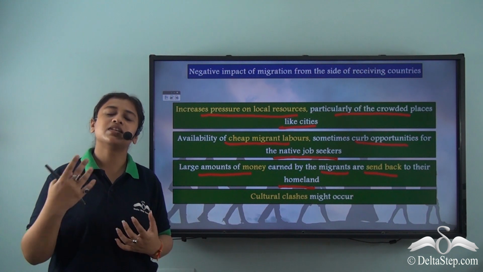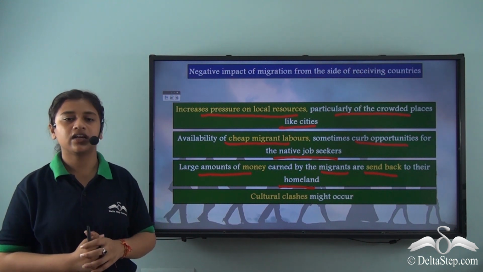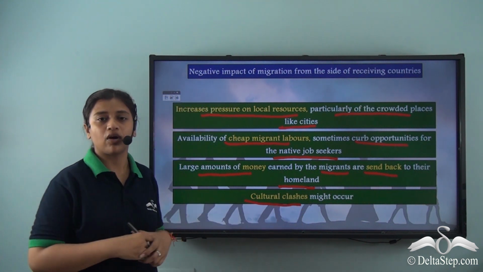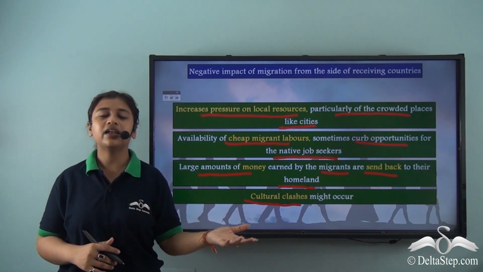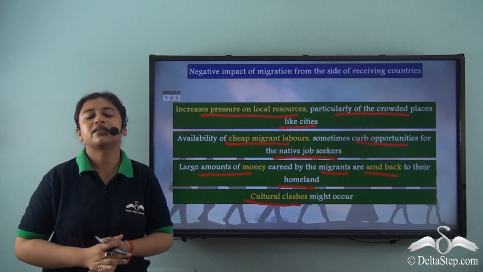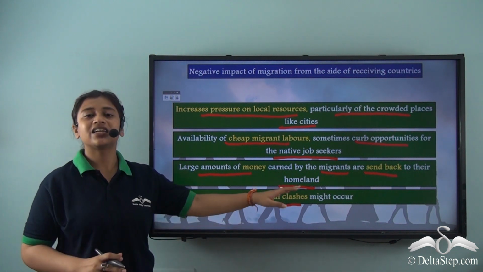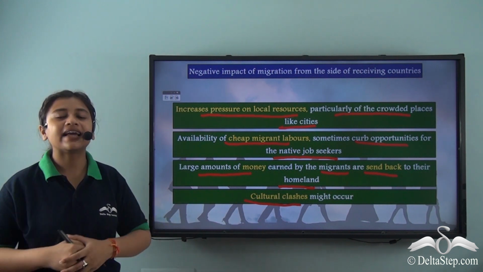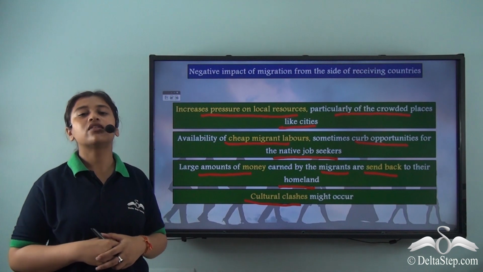So this again becomes a problem for the receiving country. Finally, cultural clashes are a big problem. On one hand, immigration helps in cultural diversity, but sometimes it may also lead to cultural clashes that are very sensitive. So these were the negative impacts of migration for the receiving country.